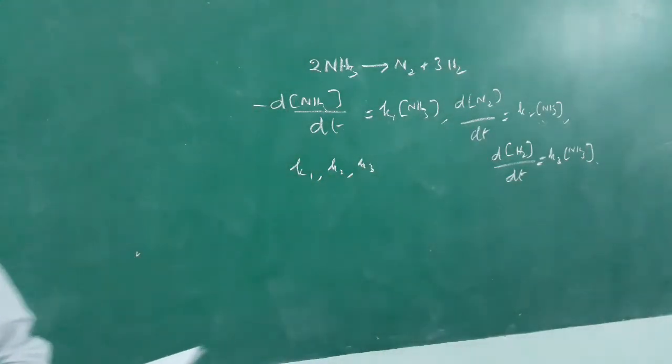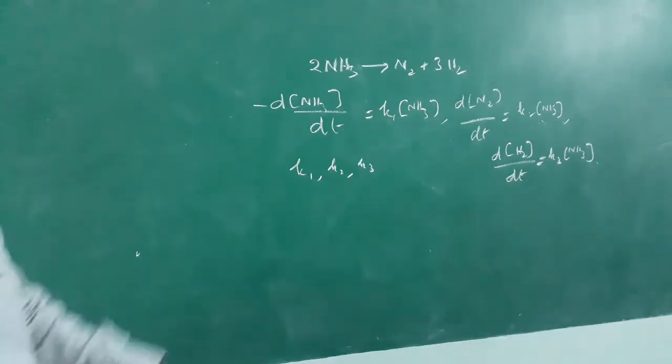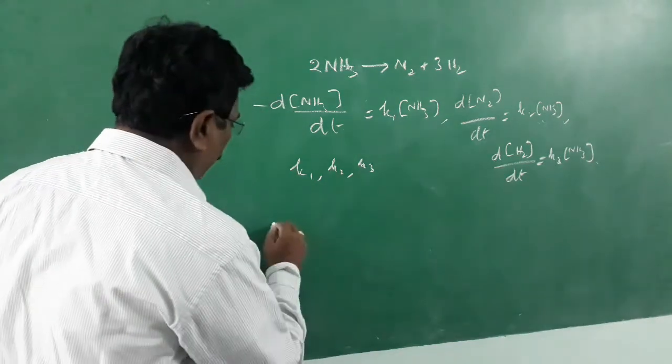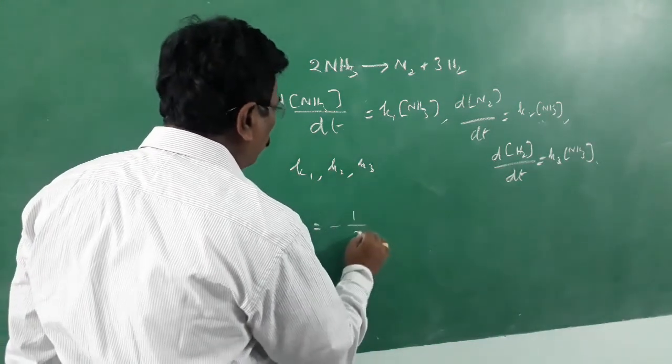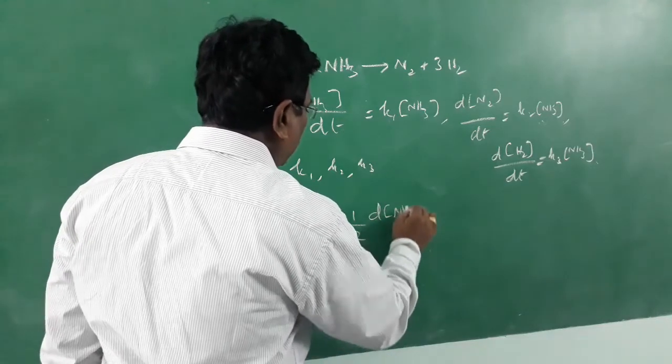That's what they asked. You may be knowing the equation. What is it? Rate of this reaction may be given as minus 1 by 2 d of NH3 by dt.